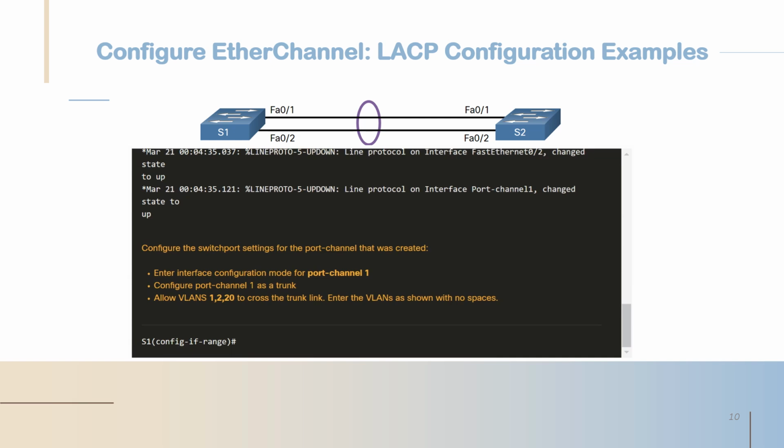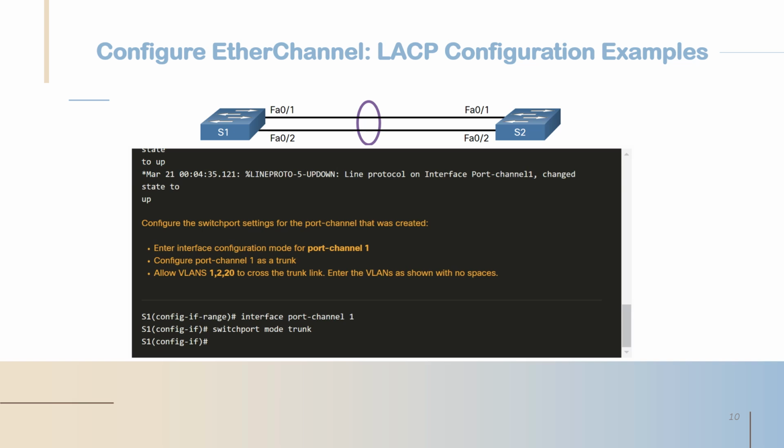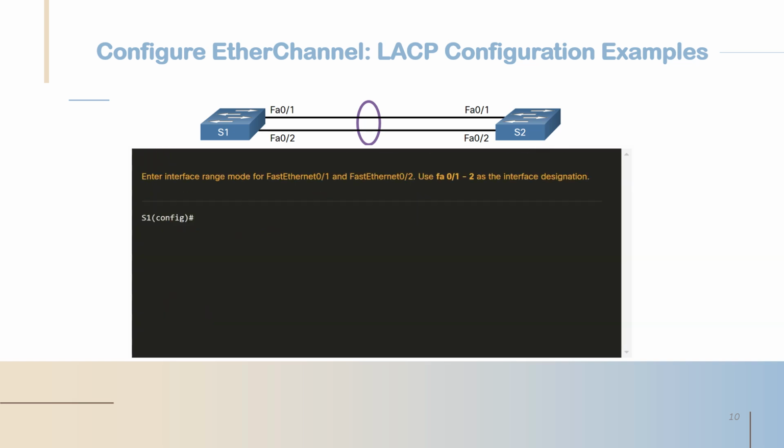Then we will create the interface port-channel followed by the identifier, and those interfaces will be in trunk mode and will allow the same VLANs that were assigned on switch 1. As we mentioned, both sides will have the same trunk mode and allow the same VLANs, so the channel will be active.